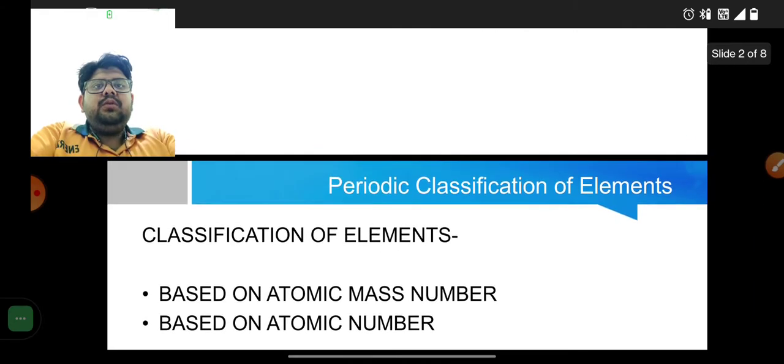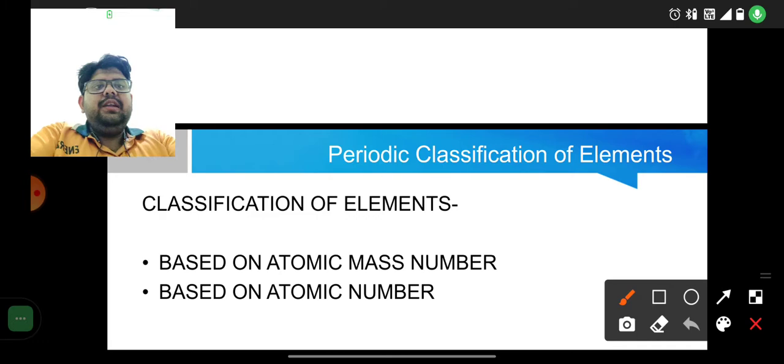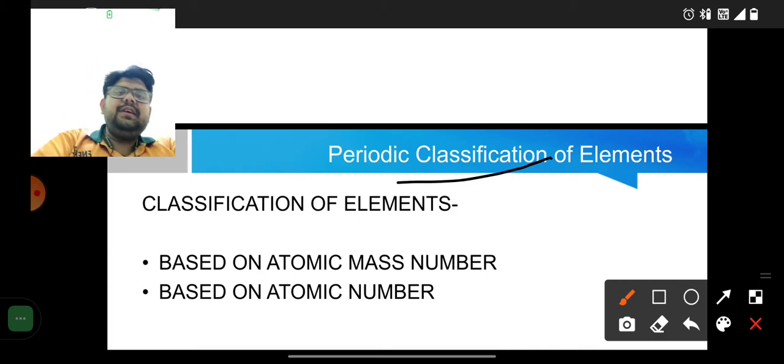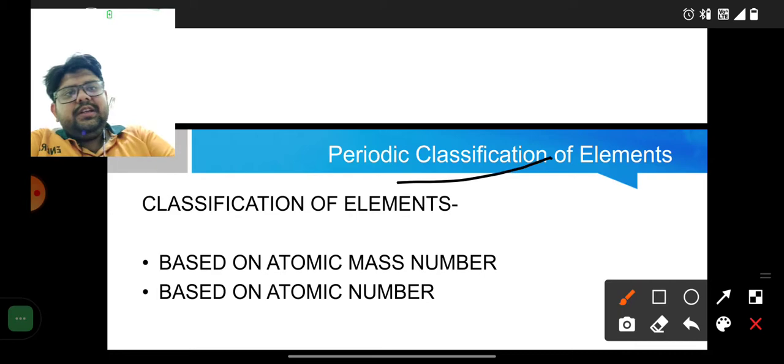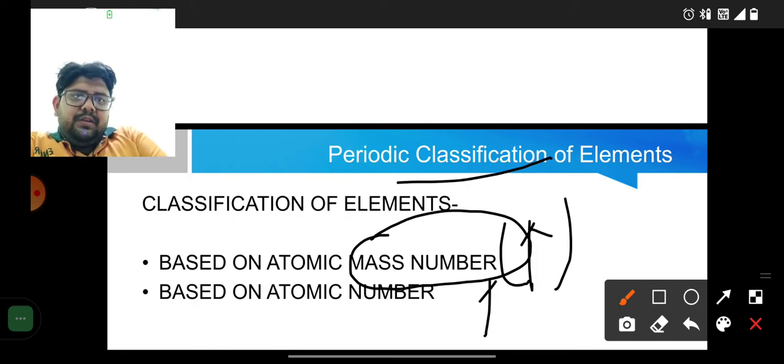Now I want to tell some of the earliest attempts for the classification of elements. For academic purposes, we divide the classification of elements into 2 parts. The first one is based on increasing mass number, and the second one is based on increasing atomic number.